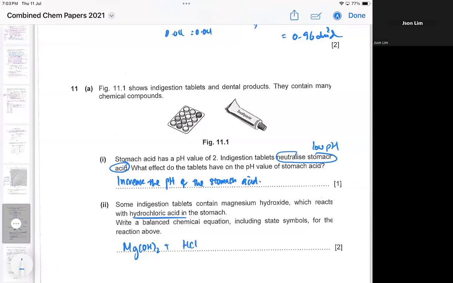Then we get magnesium chloride plus H2O. Okay, so from here, balance the equation, balance the chlorine, balance the OH. Next, the question mentions state symbols. Because it's a tablet, it's solid; acid is always aq. Magnesium chloride is soluble, aq. Water is in liquid state. Okay, so that's how we will do this.